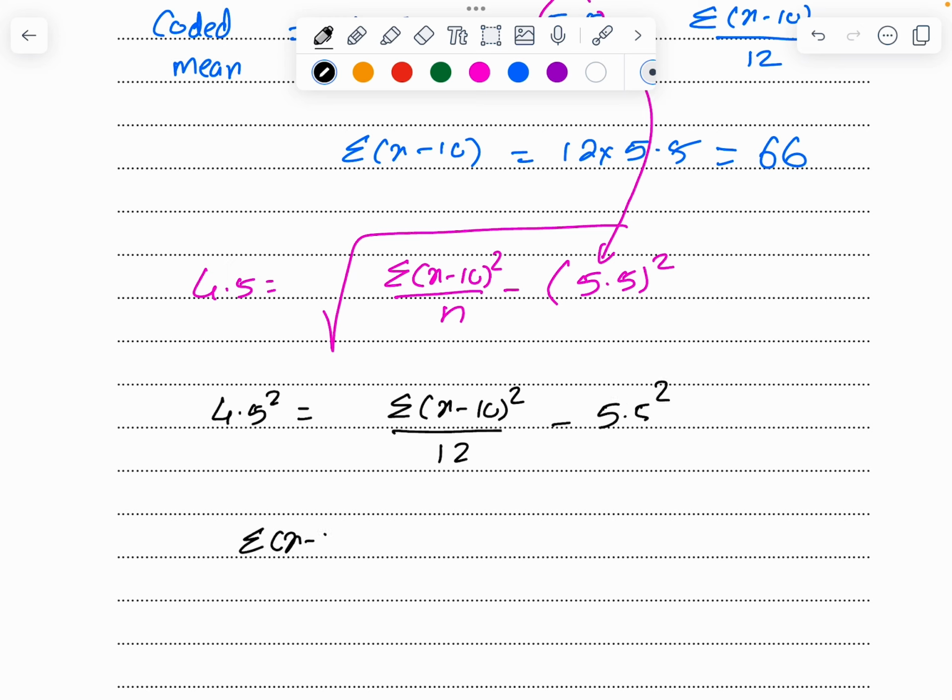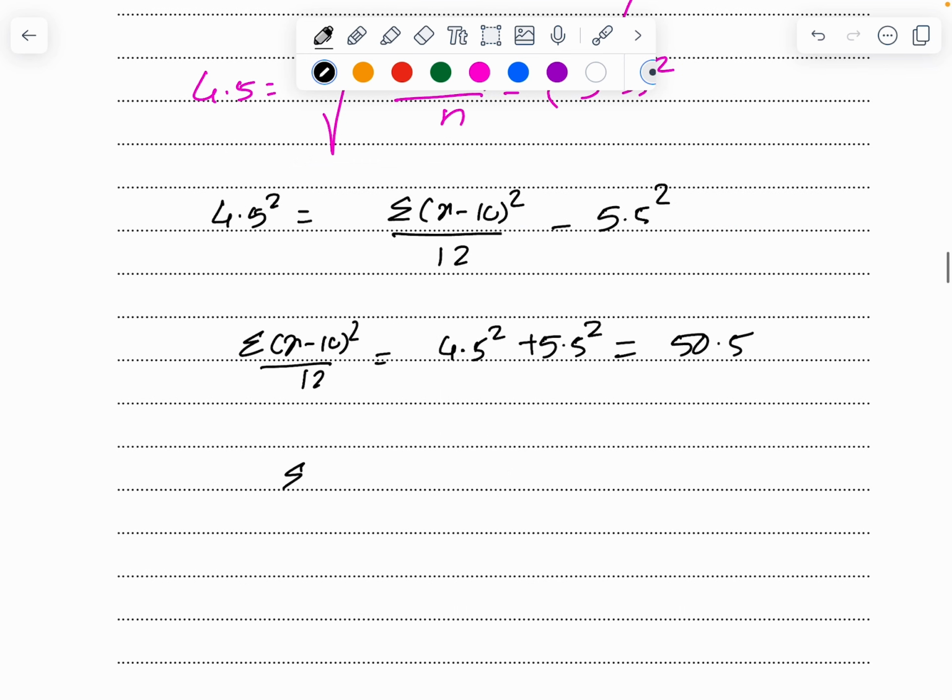So sigma of x minus 10 whole square upon 12 equals 4.5 squared plus 5.5 squared, which is 50.5. So sigma of x minus 10 whole square is 50.5 times 12, which is 606.